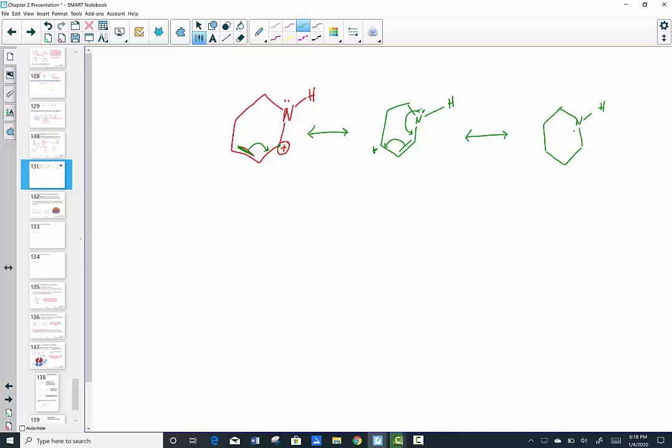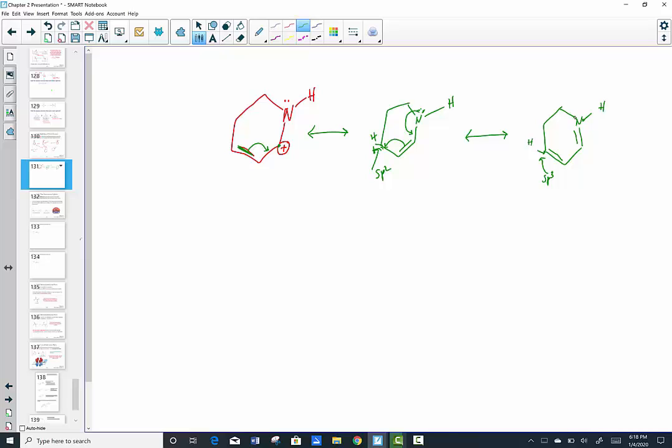So the double bond now is here, the lone pair is here, and that positive charge has been removed because we have filled the empty orbital. This carbon, who only had 3 bonds before, now has 4 bonds. Remember, there's a hydrogen there. Even though it's not drawn, we know it's there. So that carbon went from sp2 to sp3. Therefore, we got rid of the positive charge.